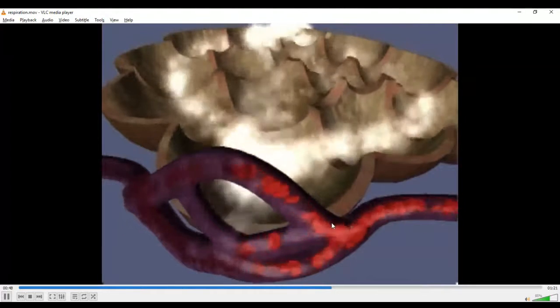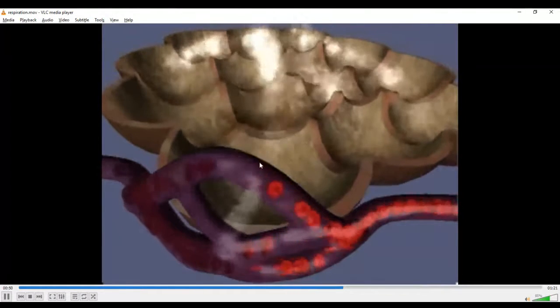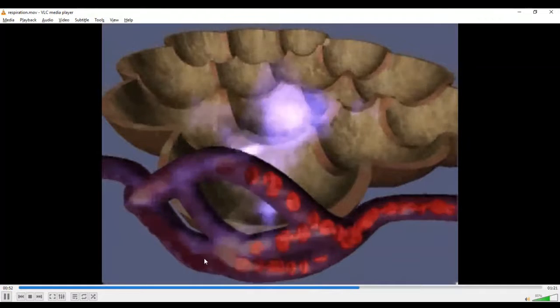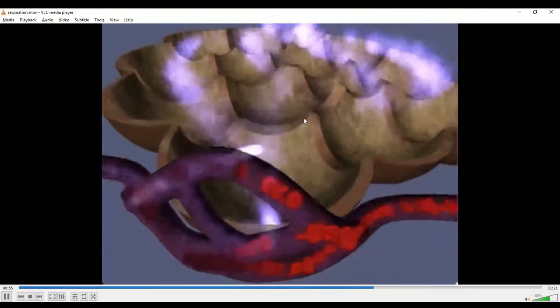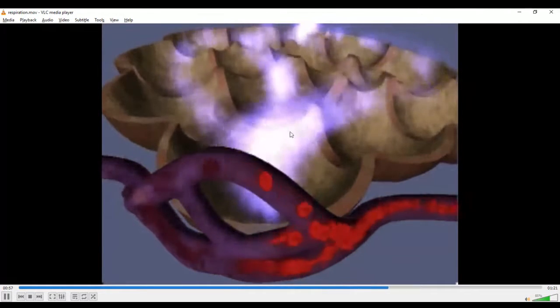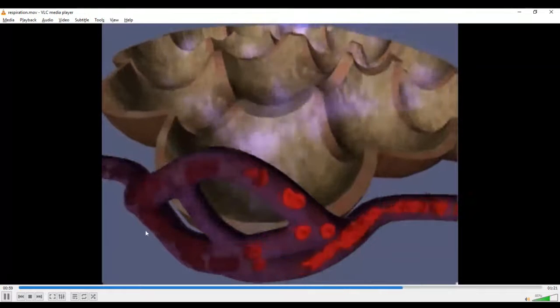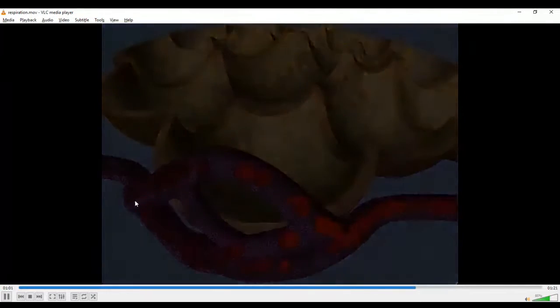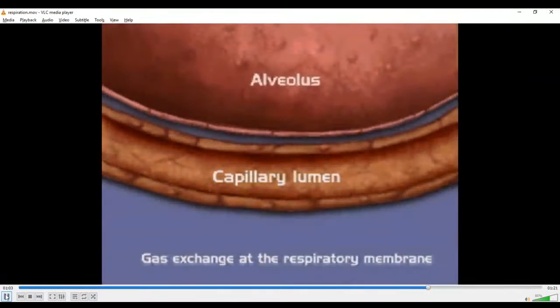Now what you're seeing here is inspired air coming in, shown in white, high in oxygen, and then expired air shown in sort of a purplish color, right? The video is gone. Let me pause this for a second.